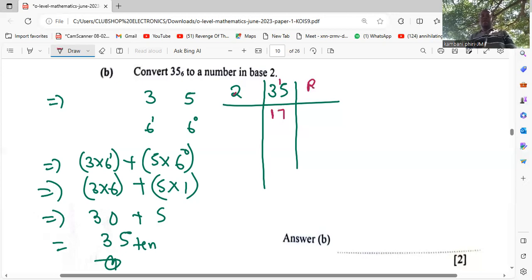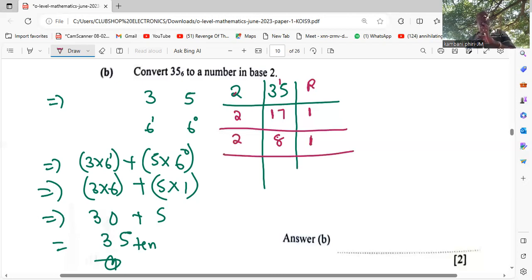I can put the remainder here so that we are able to write. So it is 17 remainder 1. Then we pick 2 again. 2 into 17 is 8, remainder 1.